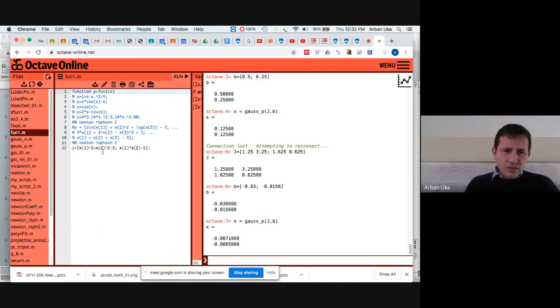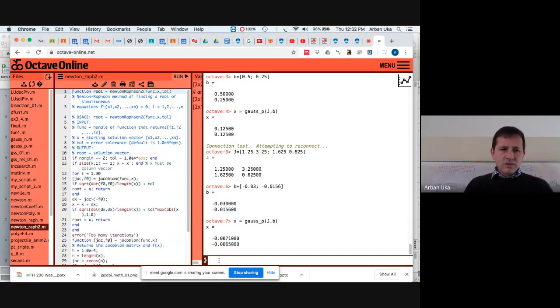So the function that we show here, we're dealing with a vector. The first function is x1 squared plus x2 squared minus 3. That's the one that we had on the board. And the second function is x1 times x2 minus 1. That's the second function. So we save this. And we look at the Newton-Raphson 2. We just need to write, let's copy this part.